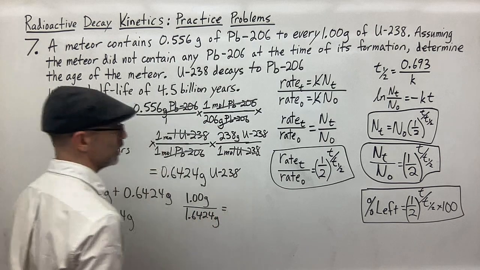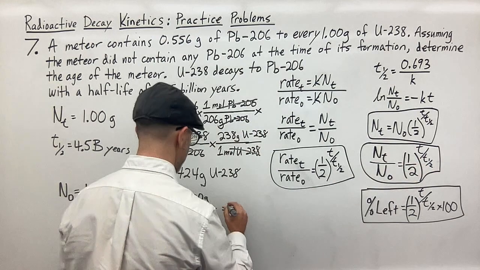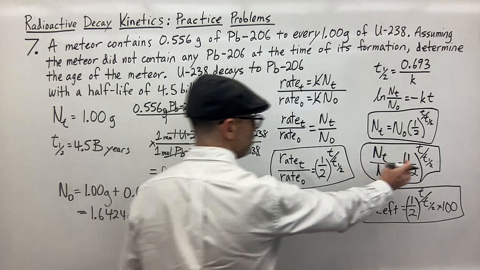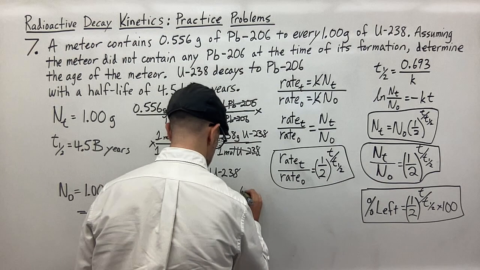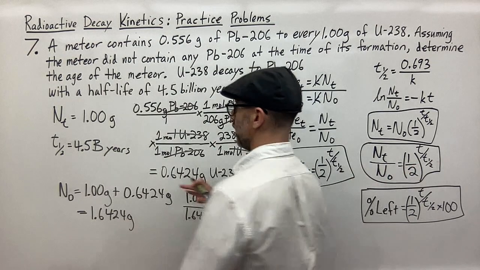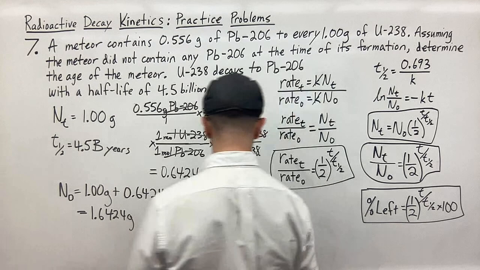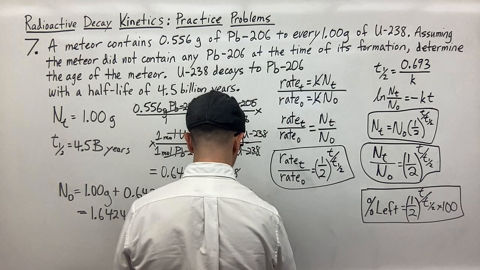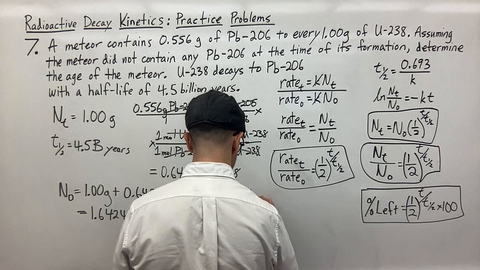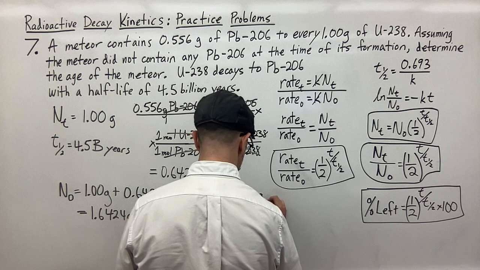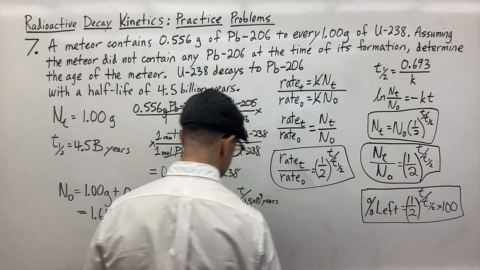And that's going to be equal to 1/2 raised to the power of T over the half-life. And the half-life is 4.5 billion years. So we'll put 4.5 times 10 to the 9 years.